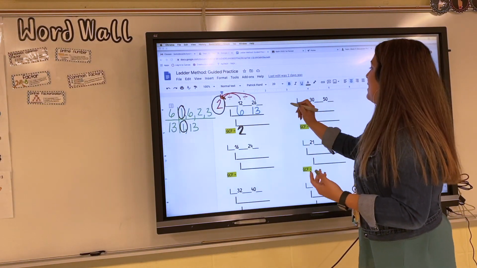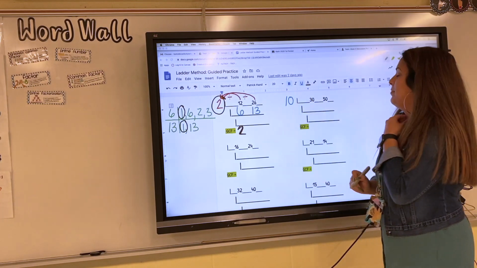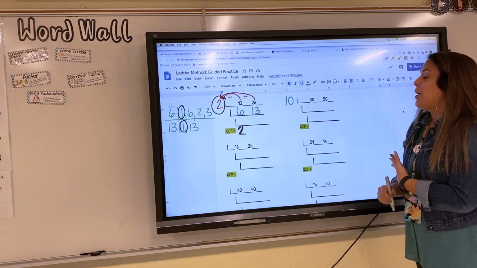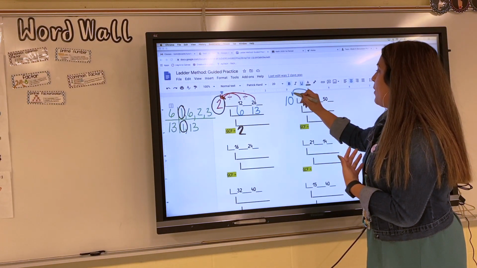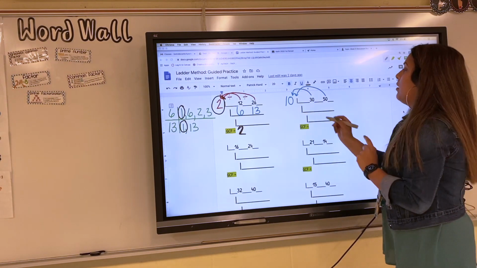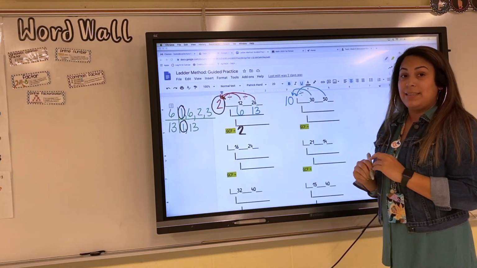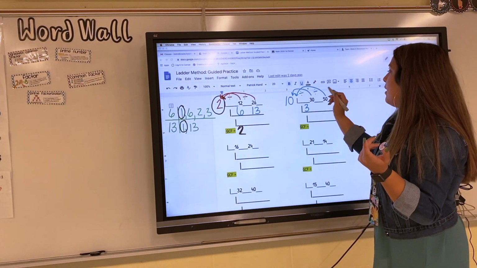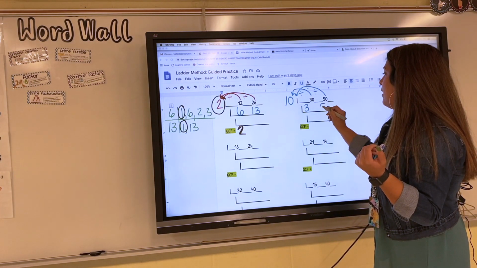So I'm going to put 10 on the outside because 10 goes into 30 and 50. So I'm going to divide both numbers by 10. 30 divided by 10 is 3. 50 divided by 10 is 5.